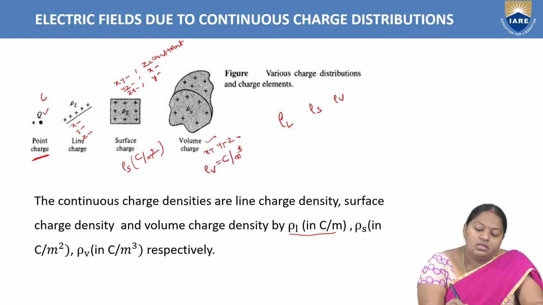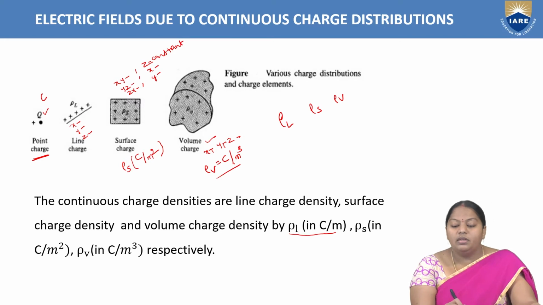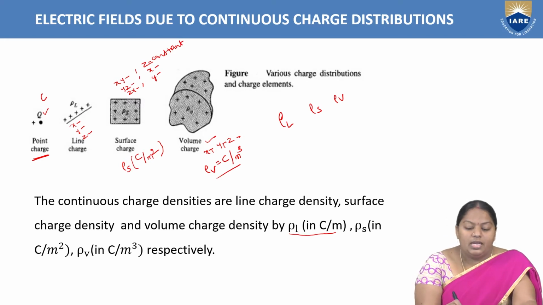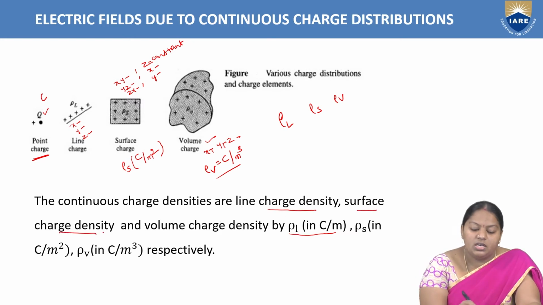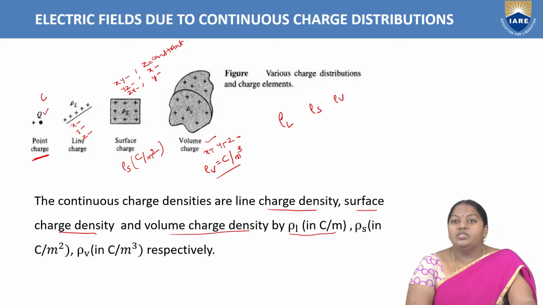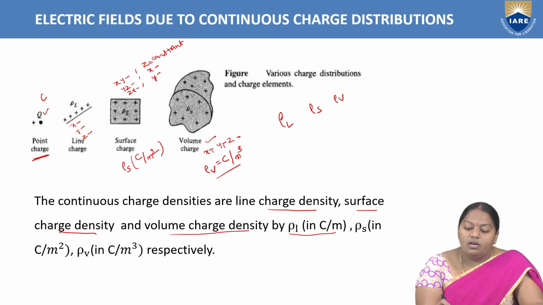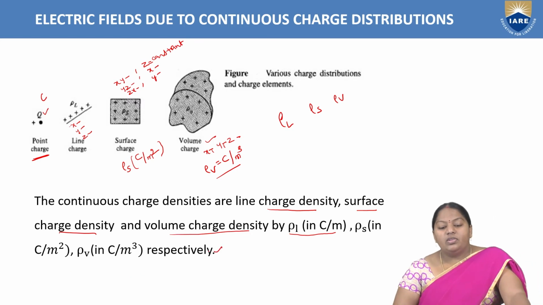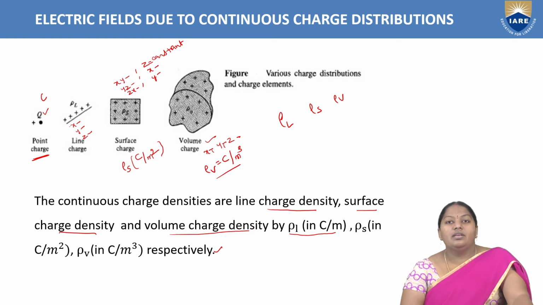So the continuous charge densities are line charge density, surface charge density, and volume charge density. They are represented with rho L in coulomb per meter, rho S in coulomb per meter square, and rho V in coulomb per meter cube respectively. These are the three continuous charge distributions that exist in electrostatic fields.